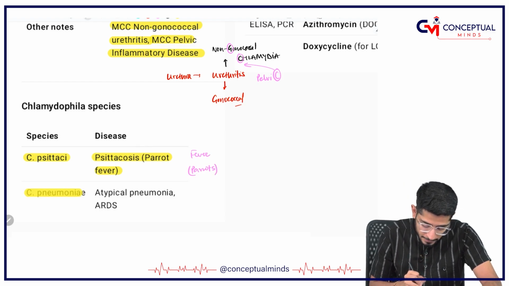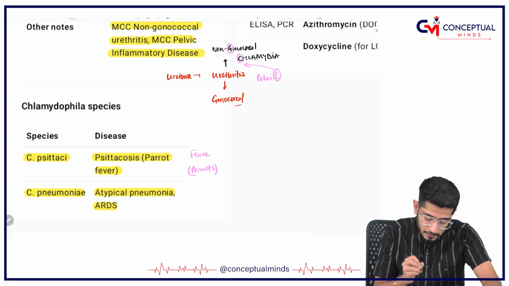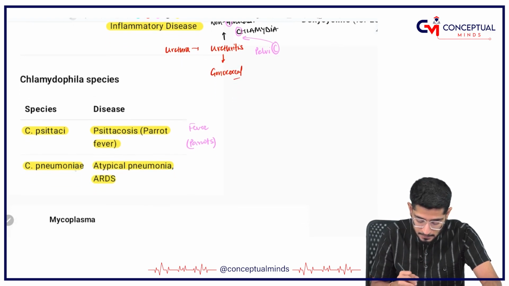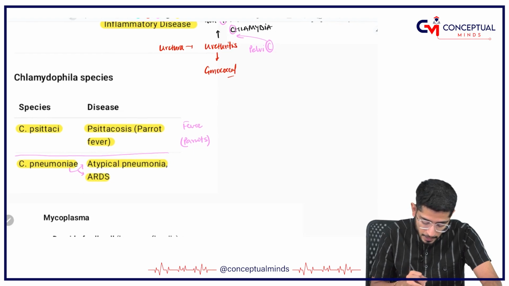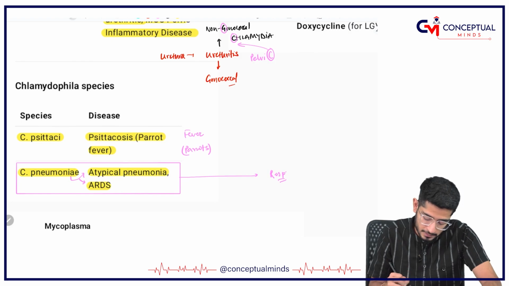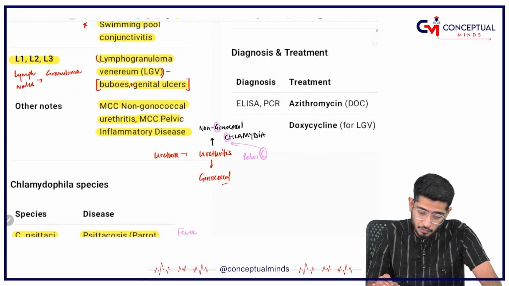And then you have Chlamydia pneumoniae, that is responsible for causing atypical pneumonia and acute respiratory distress syndrome. This is the reason why we are discussing chlamydia in great detail in the respiratory system, because Chlamydia pneumoniae is responsible for causing atypical pneumonia and acute respiratory distress syndrome.